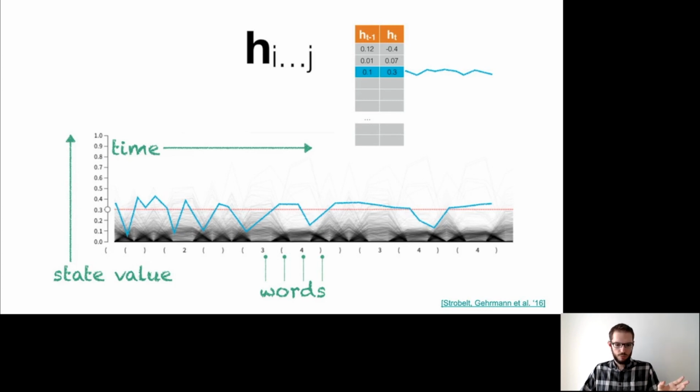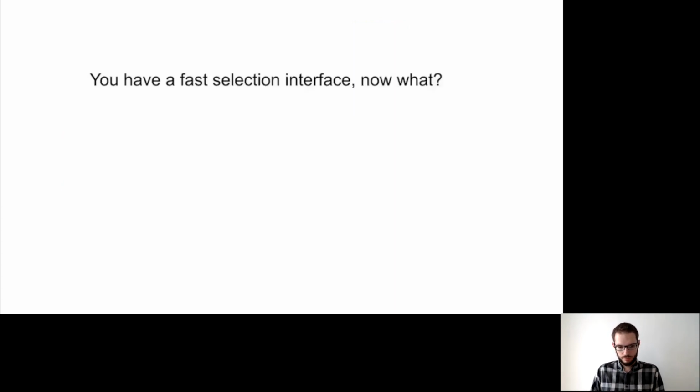On the y-axis, we can select our threshold, L, and on the x-axis, we can select our span, A through B. Each individual hidden state is represented as a line that changes over time as it observes more words. Now, by simply selecting words and the threshold, we can select some cells.